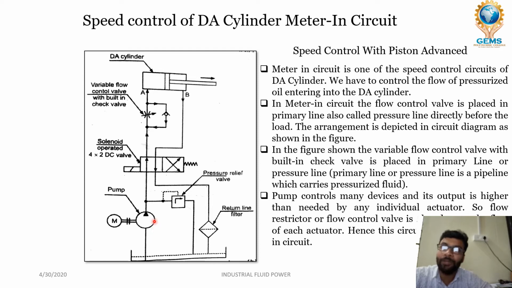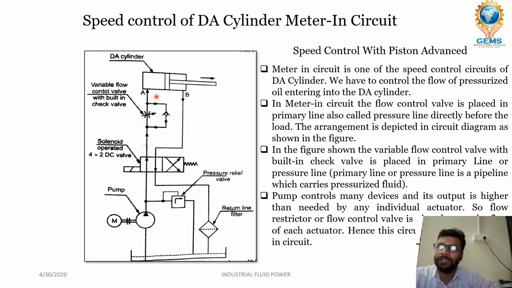So the output of the pump will be at a very high pressure, so that we can't control this actuator. For that reason, we have one pump but many actuators. For each and every individual actuator, we need a variable flow control valve with a built-in check valve, placed in the primary line, that is before the load.